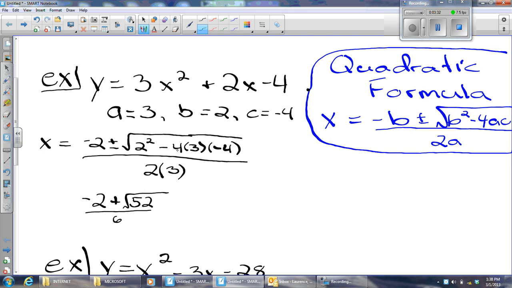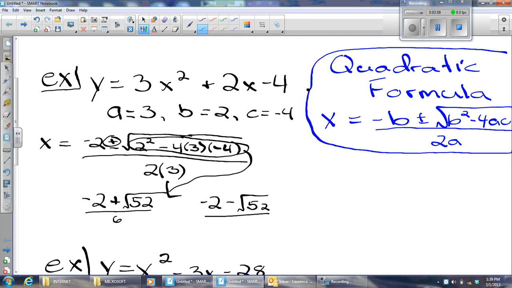So all of this evaluates to 52. Okay, and this is plus, so we use this plus here. Well, now we have to do a minus. So we go over here and we do negative 2 minus the square root of 52 over 6.